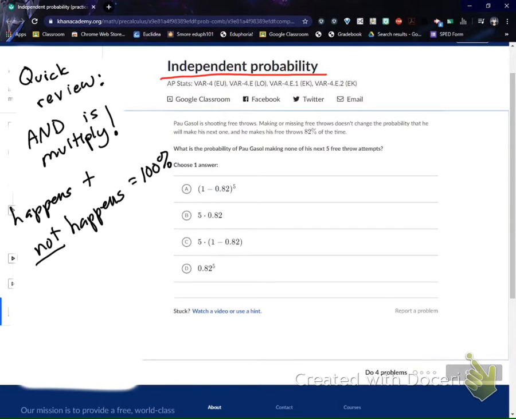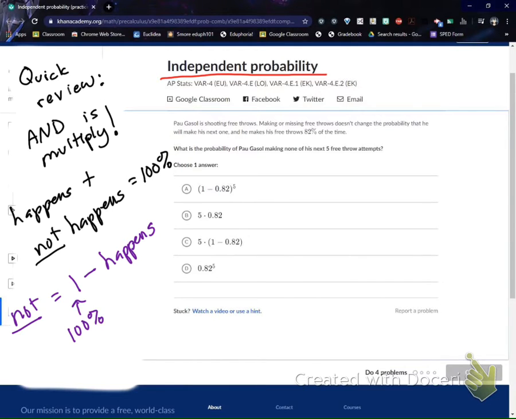That means that together, if something happens or if something doesn't happen, that accounts for all of our probability, all of our possible outcomes. So in this case, if you know the probability that something happens, the probability of something not happening is always going to be 1 minus the probability that it happens. And the 1 in this case is going to be for 100%.